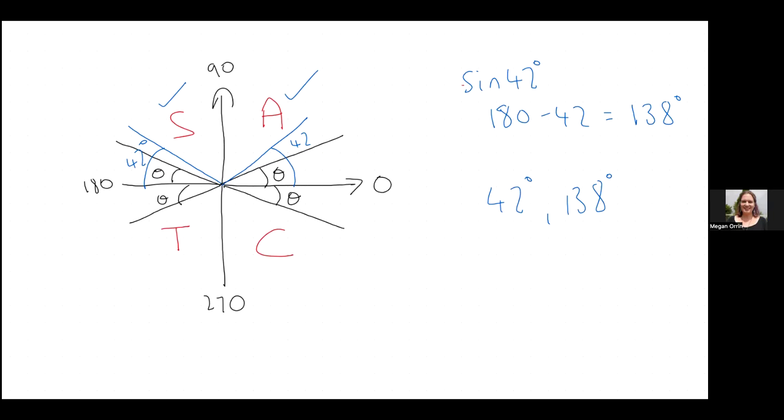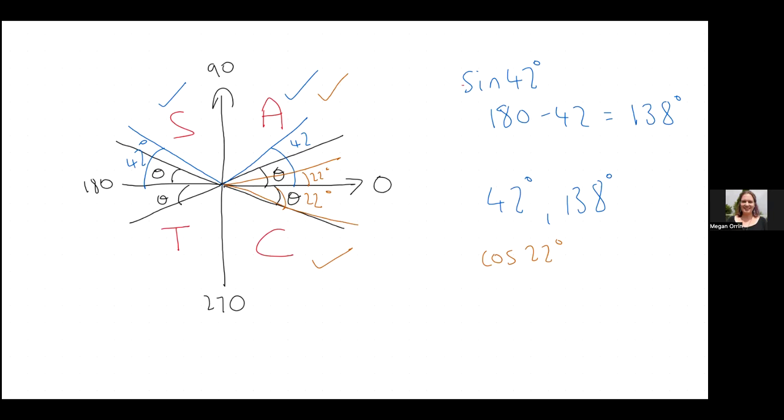This time I'm going to say 22 degrees, but this time I'm going to make it cosine. So cosine of 22. So what other quadrant am I allowed to be in? Well, just this one, right? I'm allowed to be in the all quadrant and in the cosine quadrant. So that means I need to go, let's pretend that that's 22 degrees as well. So isn't this just 360 minus 22?